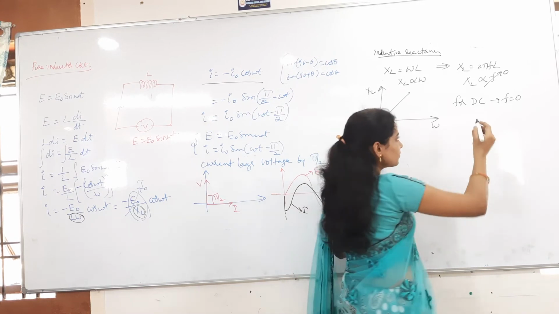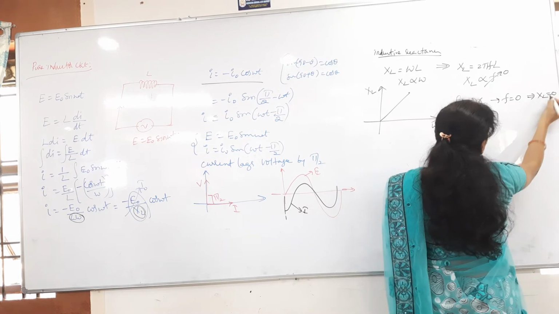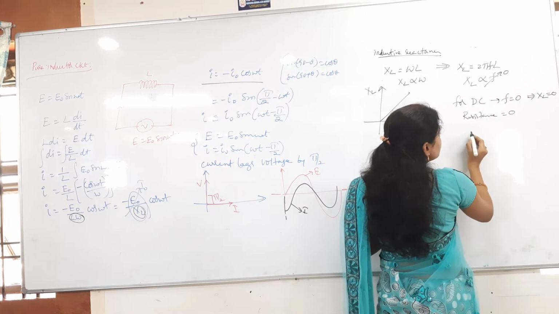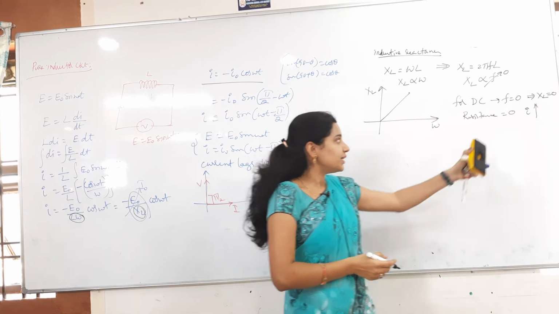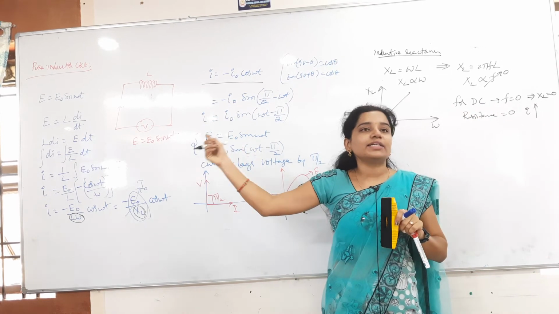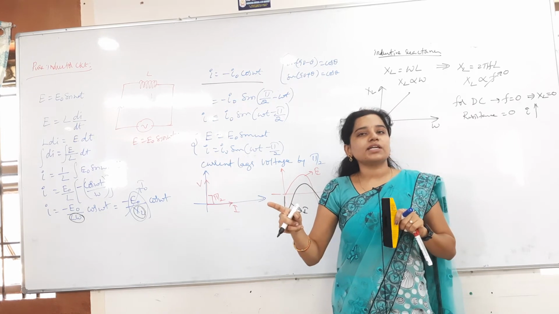So for DC, f is equal to 0, then XL is also 0. Resistance is 0, which means current is maximum. Which current is maximum, and in which device? DC current is maximum in the inductor. In the capacitor, which current is maximum?